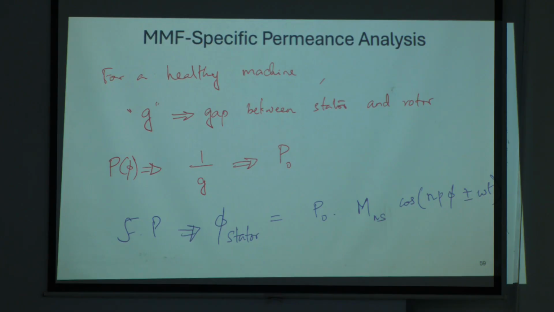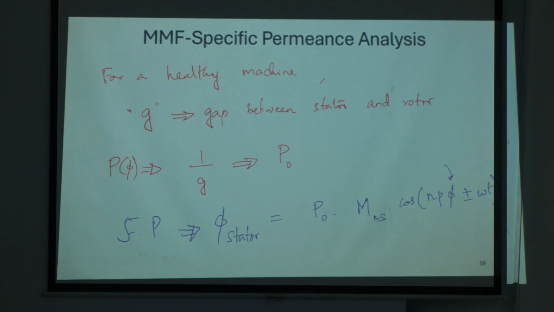Now this is a flux from the stator reference frame. I can consider the same flux from the rotor reference frame. To represent the same flux from the rotor reference frame, I need to replace my angle from the rotor reference frame perspective.